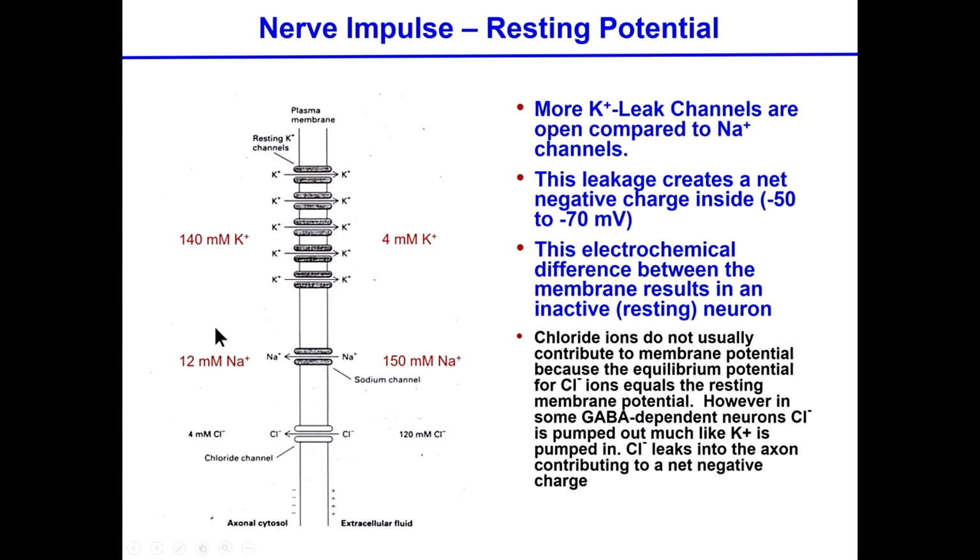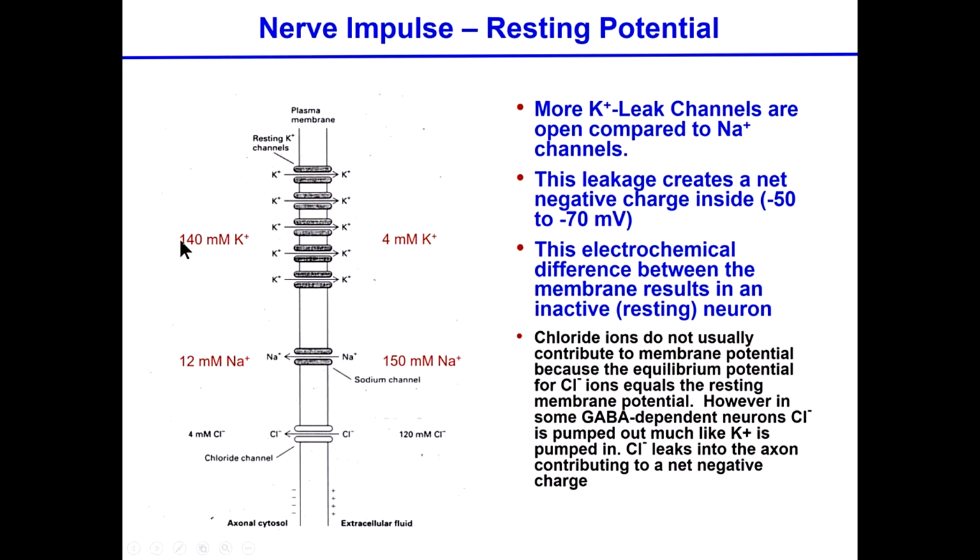So the differences in terms of the concentrations that I'm talking about are these: this is the internal portion of the cell, the inside of the cell, and this is the outside of the cell. For potassium, the outside is in the order of 4 millimolar, and the sodium is 150 millimolar.